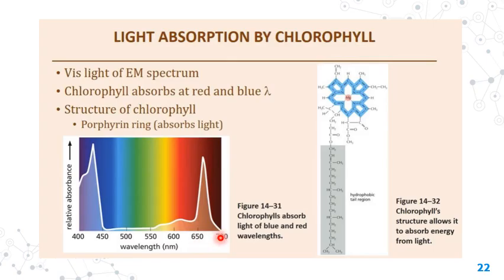Your 680 is right on the red scale for your visible light. Okay. So here you have a spectrum of visible light that goes from 400 to 700. So here you have your 680. Okay. The other photosystem is going to use light that is in this range over here, that is in the blue range.